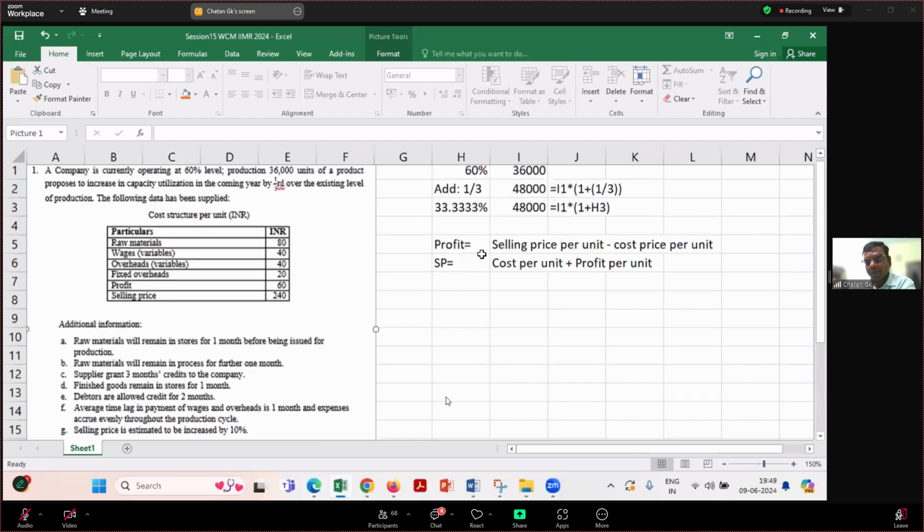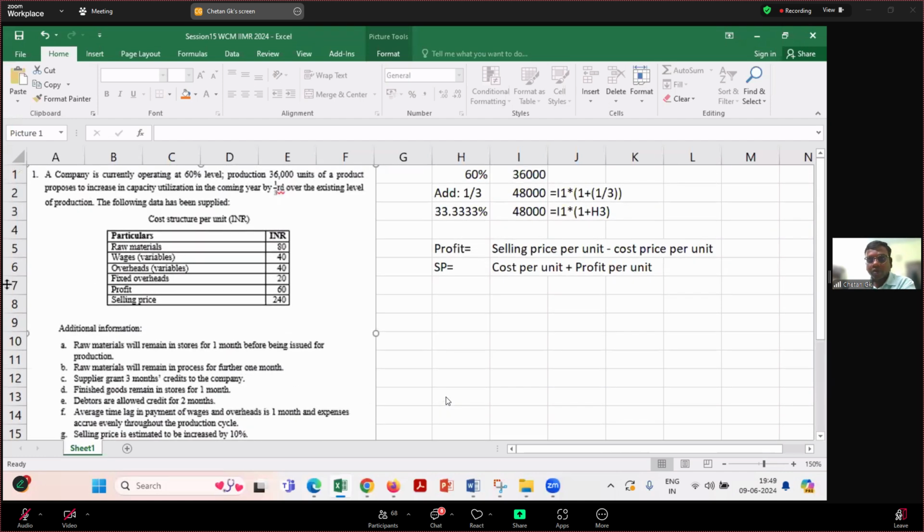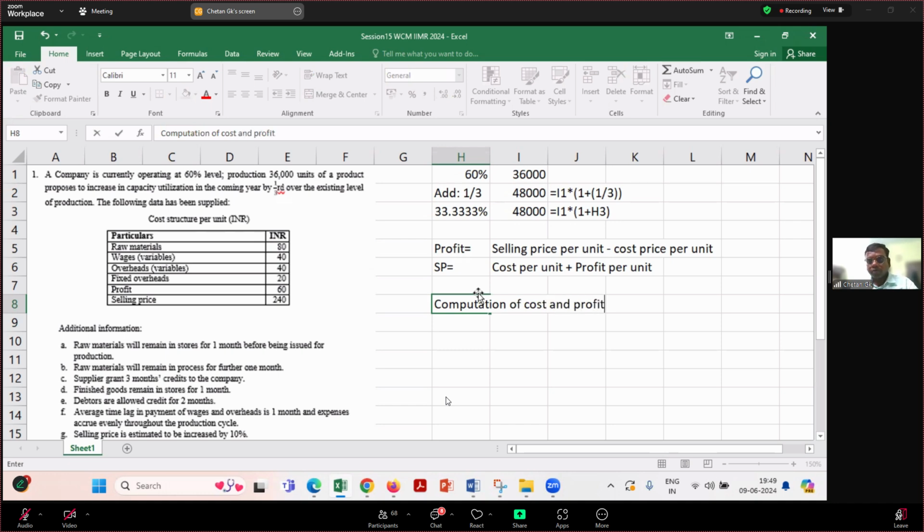Let us now go and solve this. Hope you have understood this problem at least to the tune of 60-70%. Right? Let us now go for the cost per unit, our cost structure computation of cost and profitability on a per unit basis.